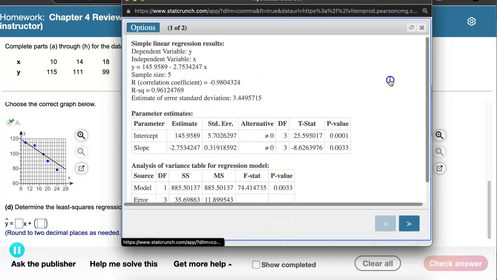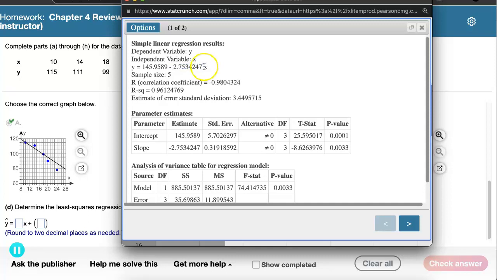I have a lot of information here, but what I really need is located near the top. And notice independent and dependent variables are what I told it to be. Also notice that StatCrunch lists the y-intercept first and then adds the linear term, the one that has the slope times the independent variable.